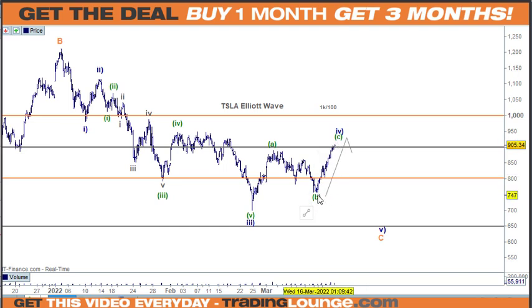From this wave B to wave C here, we need to find 5 waves in that, and obviously the wave 4 is over here. All this area here is the sort of supply area, the resistance. So that's going to show up over here anyway. So we're going to see this top and turn, and then we can get our long trade set up, or we'll see it move back down in line with the rest of the markets.